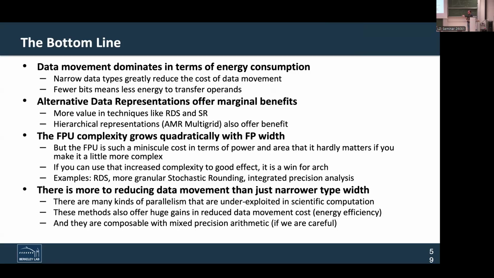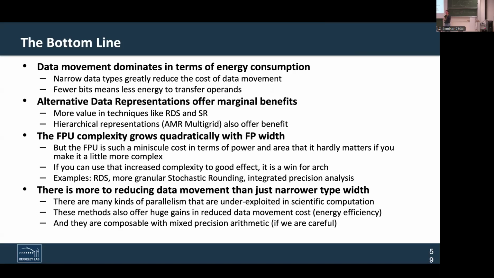Just to make sure I understand the point: if you make the FPU such a minuscule cost, then why are people abandoning FP64? No, that's not really it. They're abandoning FP64. The explanation, like I said, is that Ian Karlin, when he was at NVIDIA, was responsible for doing all the procurement benchmarks.